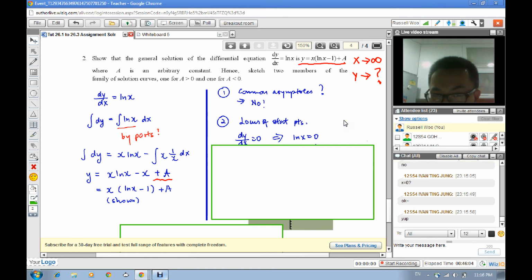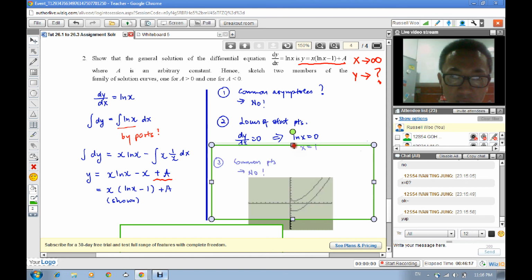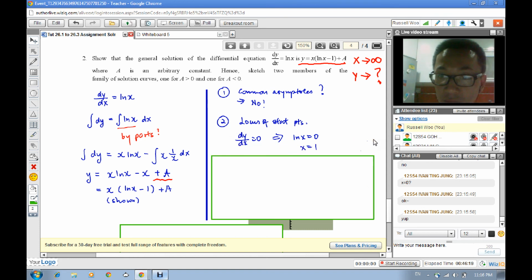But don't be contented with ln x equals 0, because that is not an equation of a line or a curve. Actually, ln x equals 0 means x equals 1. So x equals 1 is the locus of stationary point, which means all stationary points must pass through the line x equals 1.